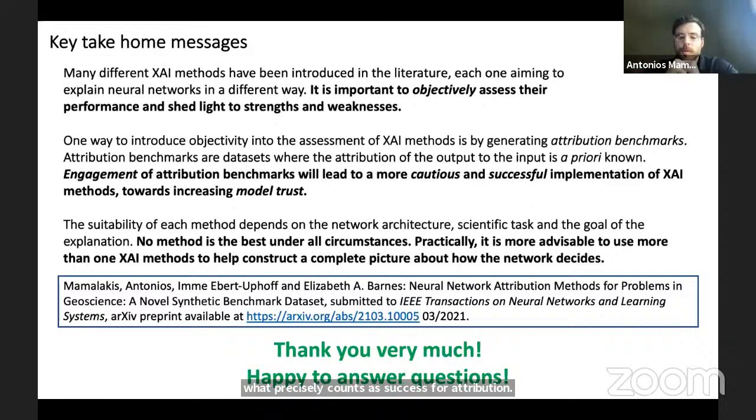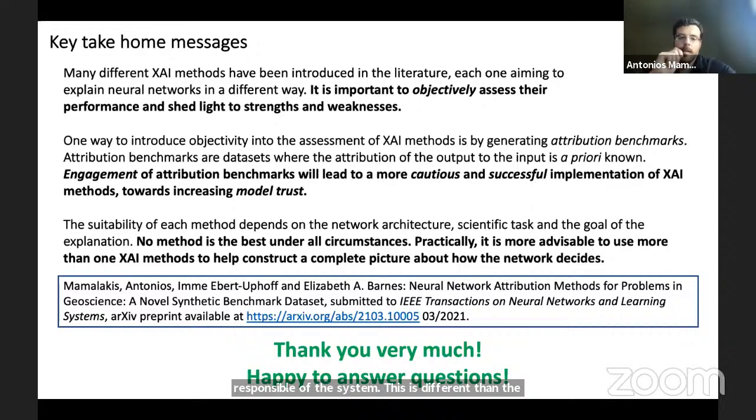Okay, so that's a great question. Success for an attribution would be to correctly identify the pixels that positively or negatively contributed to the response of the system for a specific response of the system. This is different than sensitivity.